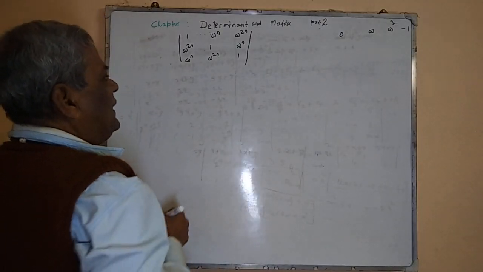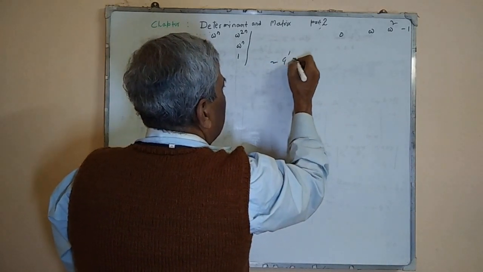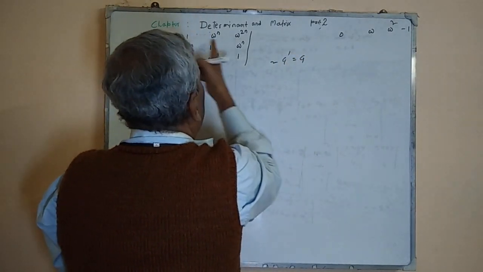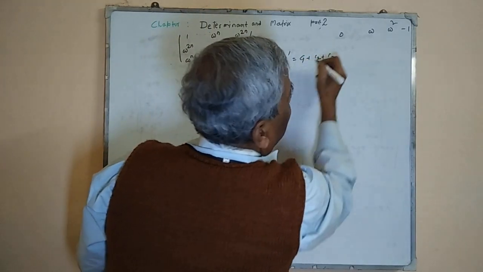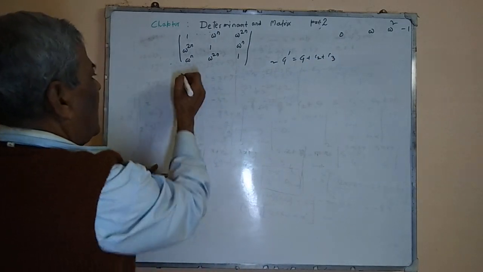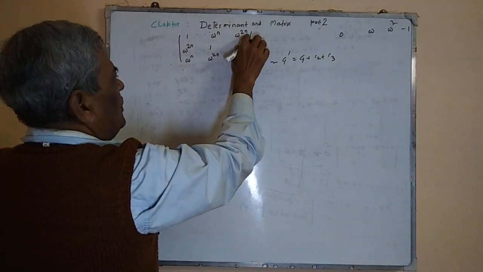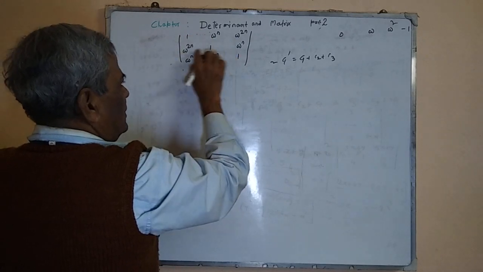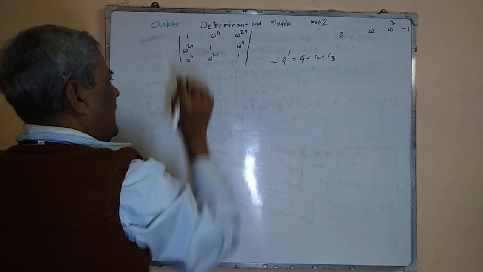Operating C1 dashed is equal to C1 plus C2 plus C3, we get 1 plus omega to the power n plus omega to the power 2n here. The same thing will be there in the other places.